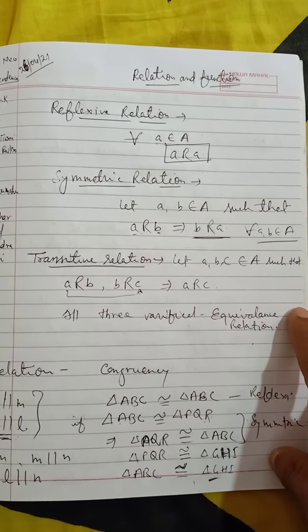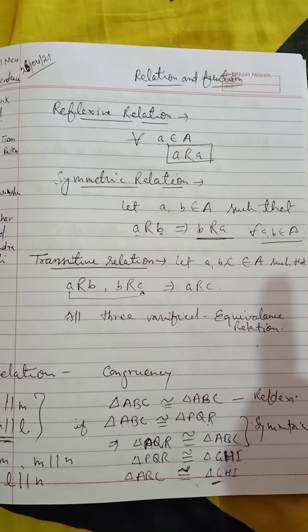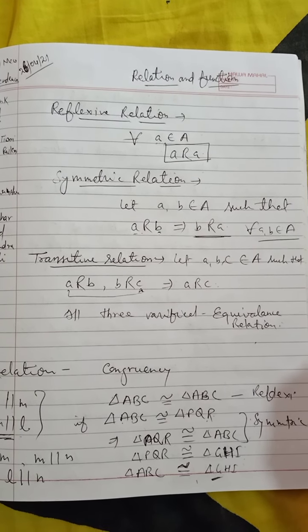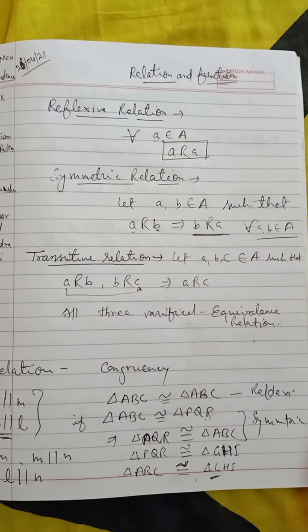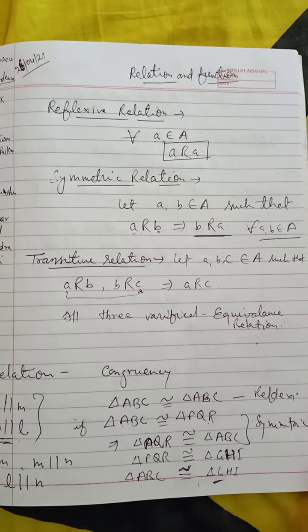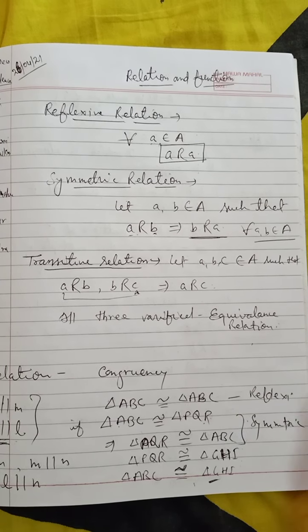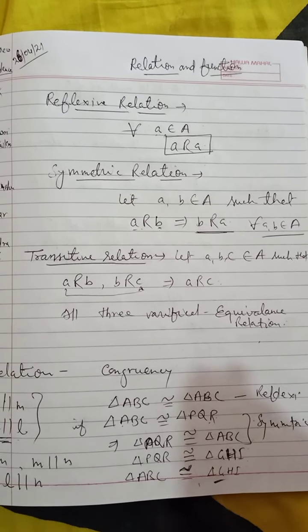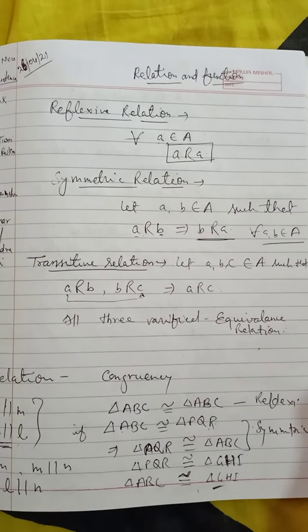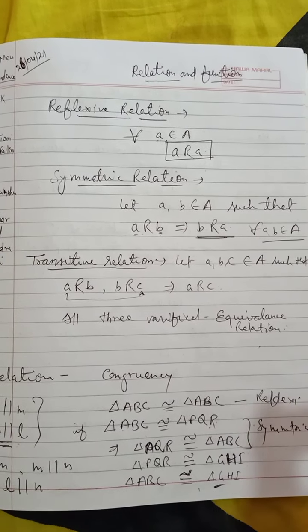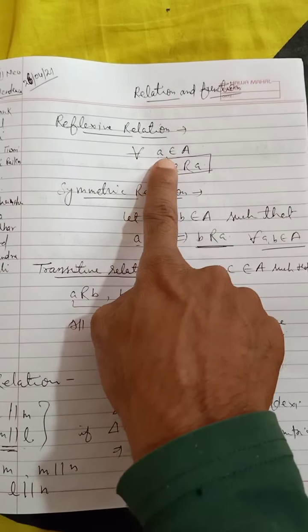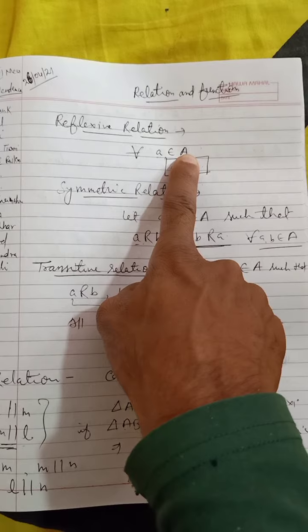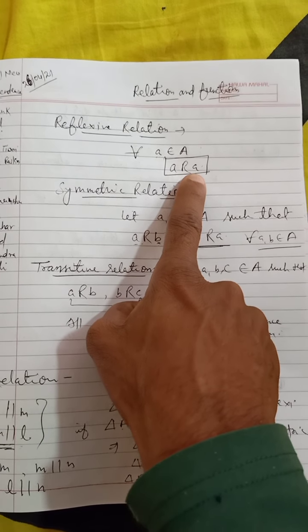Okay, now what is the reflexive relation? Reflexive relation means if a relation is defined on the set A, every element is related to itself, then it is said to be a reflexive relation. Every element means for all elements a belonging to A, a must be related to a.